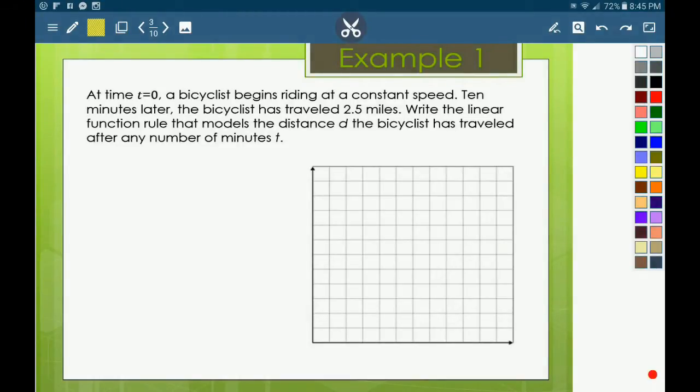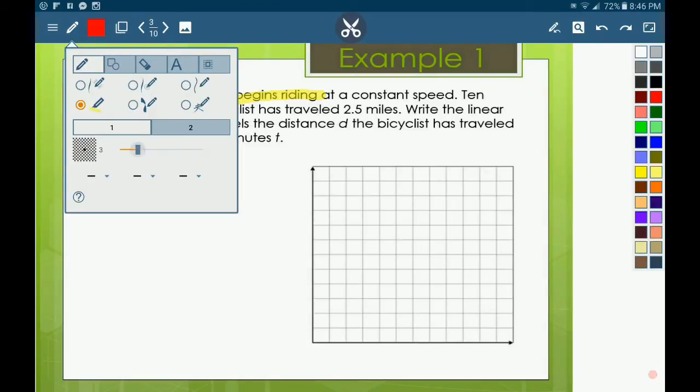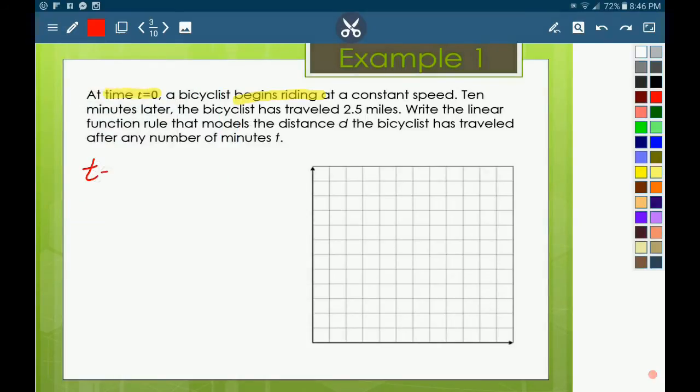Okay, so this says at time t equals 0, a bicyclist begins riding at a constant speed. That should tell you something. Let's talk about that first sentence. At time 0, if we are to think about what variables are here, we have t for time, which is going to act like our x, or our input.